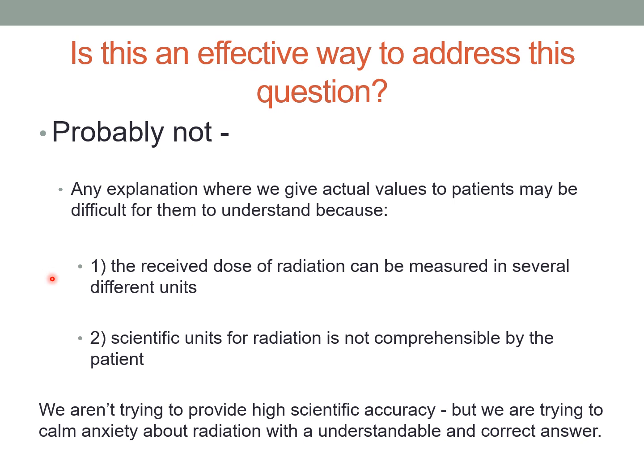We'll talk about grays, sieverts, rads, rems, curies, becquerels. Scientific units for radiation are not comprehensible by the patient. So basically just use layman's terms, or just use normal words. We aren't trying to provide high scientific accuracy, but we are trying to calm anxiety about radiation with an understandable and correct answer.